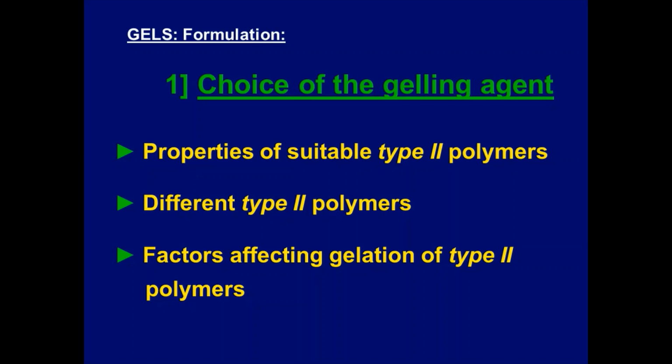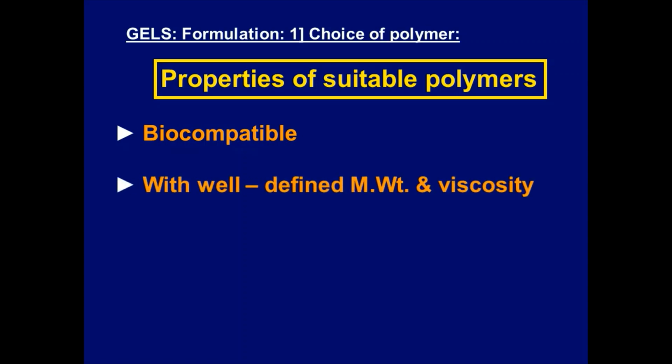First, properties of suitable type 2 polymers. They should be biocompatible. They should give no harmful effect to the skin. They should be with well-defined molecular weight and viscosity.